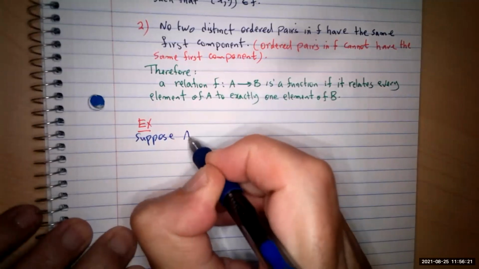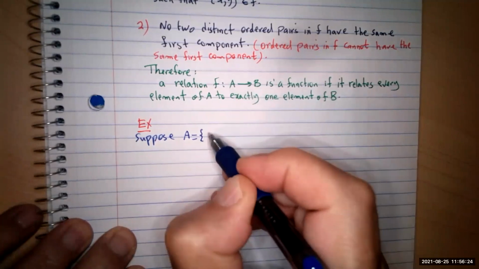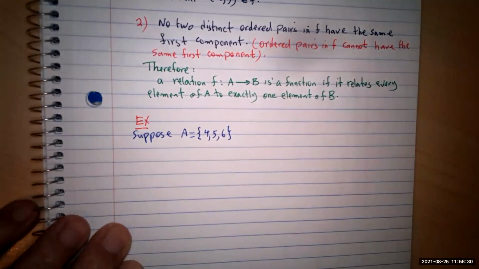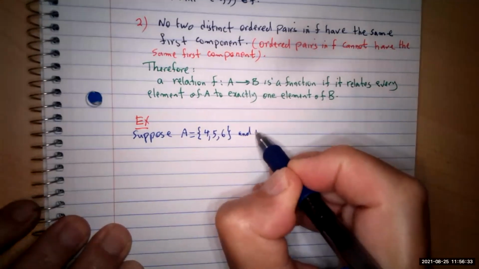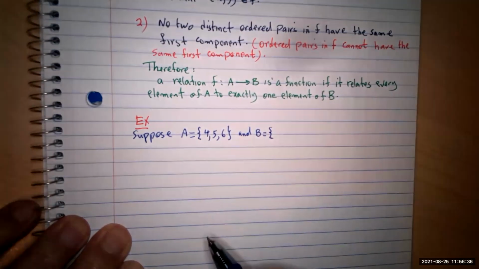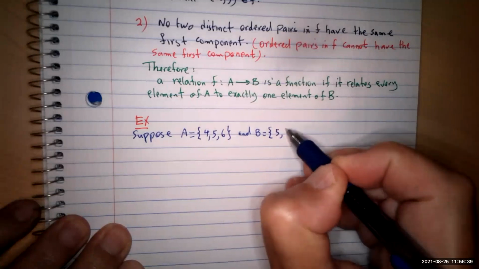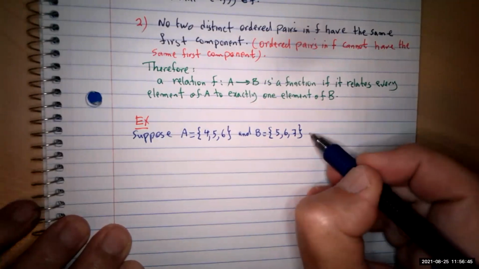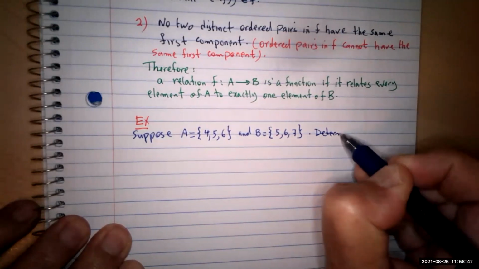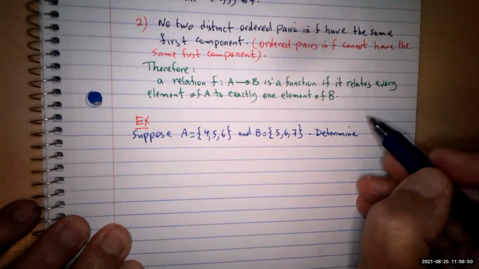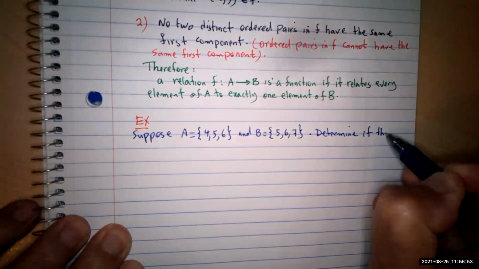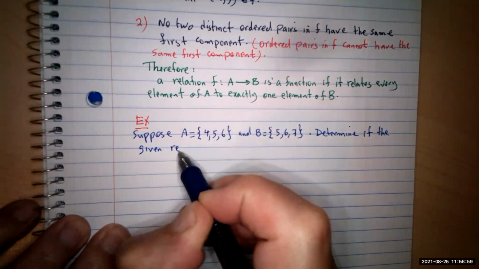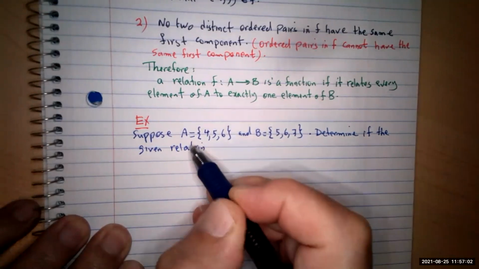Suppose A is equal to the set {4, 5, 6}, and B is equal to {5, 6, 7}. We want to determine if the given relation is a function.